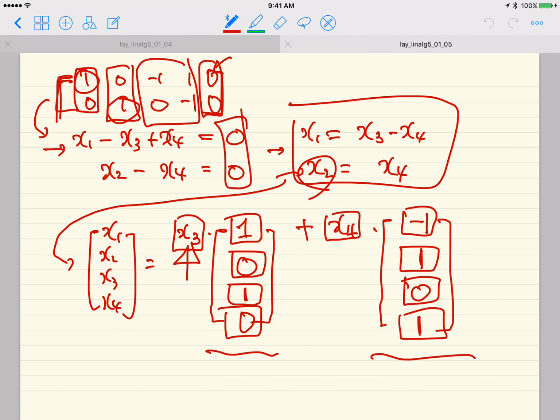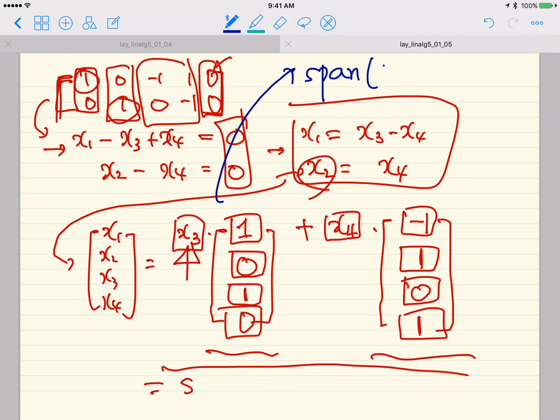And what about this? We now have two different vectors, just like this, right? And then we can stretch or shrink the length of each vector. That means the solution set for this homogeneous equation can be thought of as the span of 1, 0, 1, 0 and -1, 1, 0, 1.